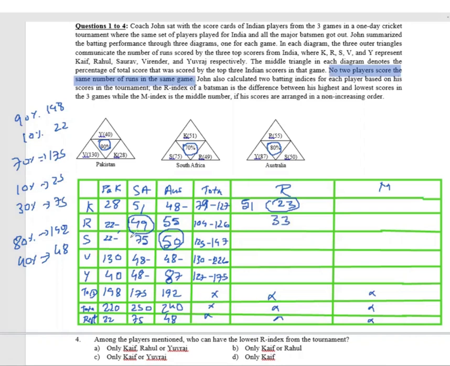What will be the minimum R index here? 75, it will be too high. The minimum R index is also 51 here for S. Here, even if you take 48, it will be quite high, 82 it will be. You can increase it by decreasing one of the scores. Here the minimum R index is 47. You can decrease. Chalo, you take it 48 and this is 87, so it will be 39.